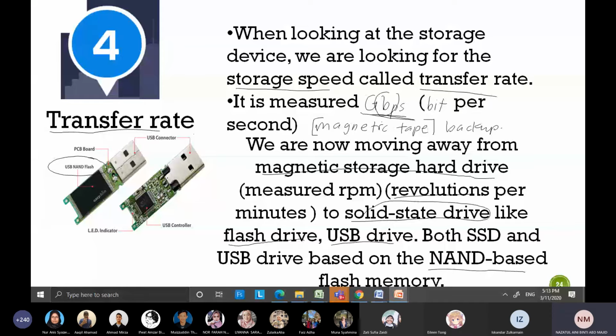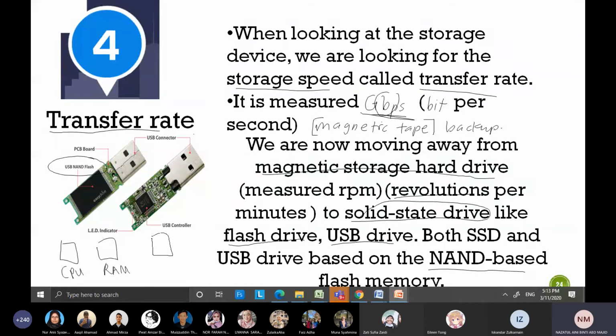That's why if you compare a computer that uses a hard drive, which is still a mechanical hard disk, with an SSD, you can see the difference in loading the information. Remember, when you want to execute data, this is your RAM.